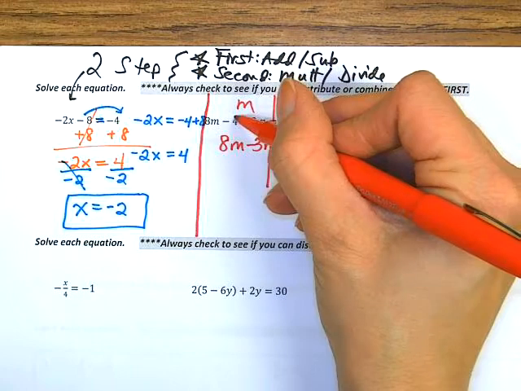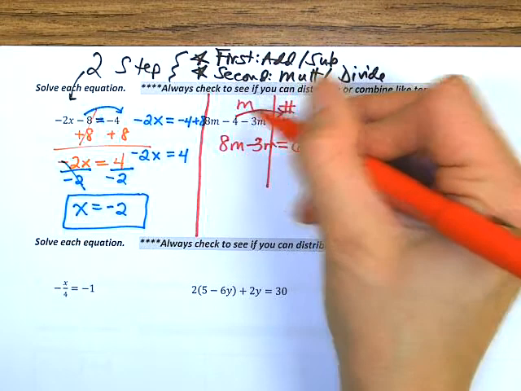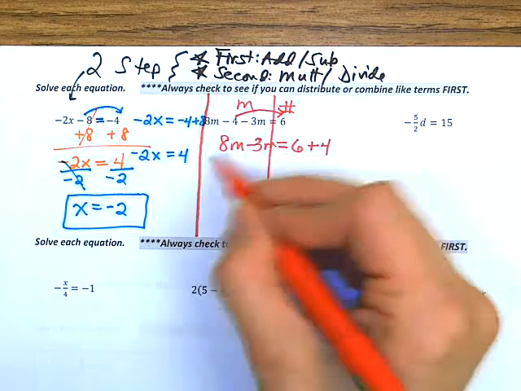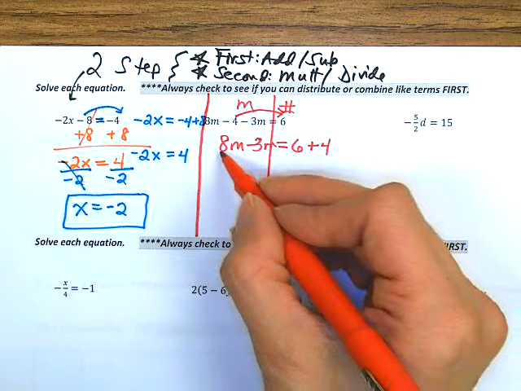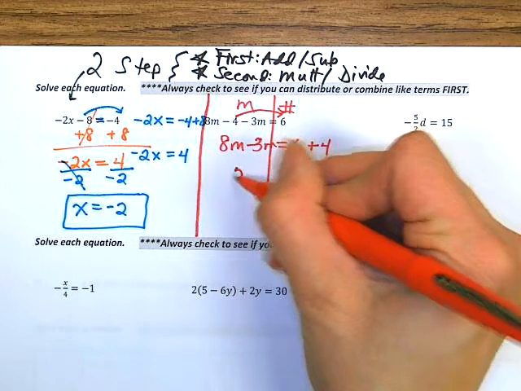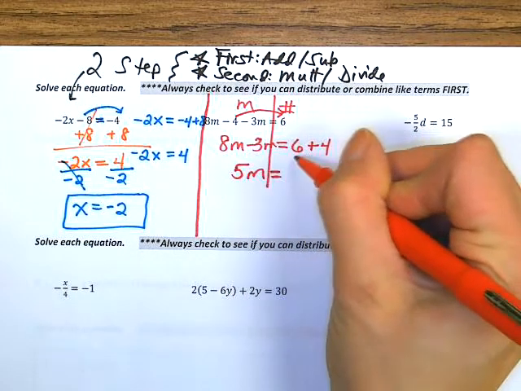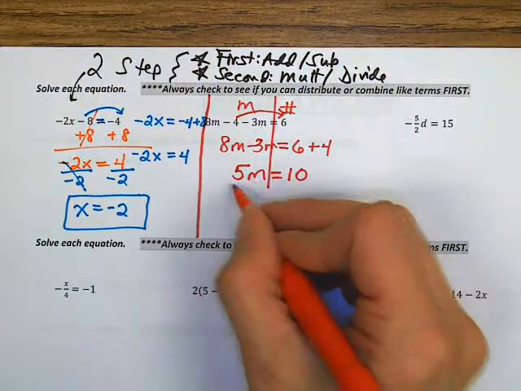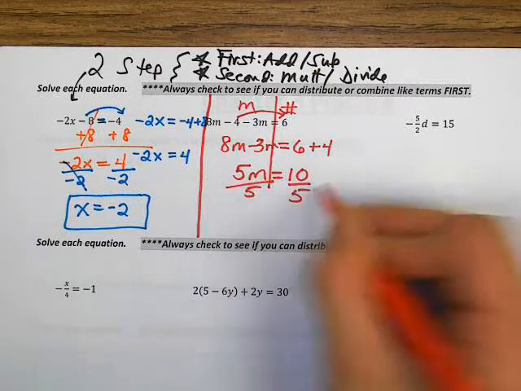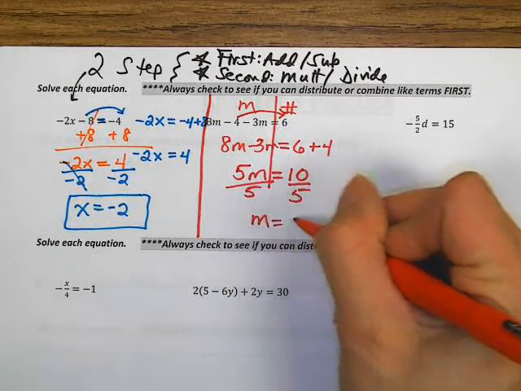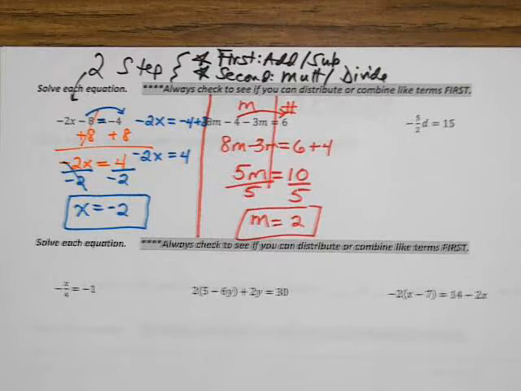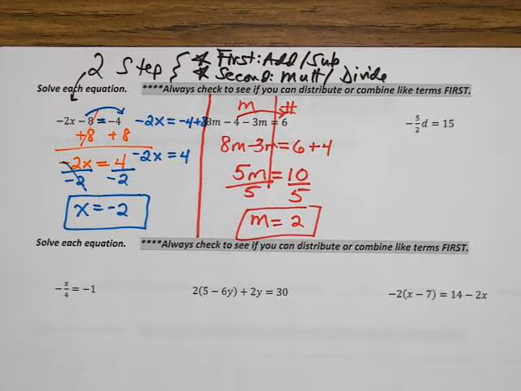And let's have negative 4 switch sides. A negative 4 becomes a positive 4. Okay, let's combine our like terms. 8 minus 3 is 5m. 6 plus 4 is 10. There's just one thing left to do. Divide both of the sides by 5, and m equals 2. So that's how you solve the equation if there are variables on both sides.